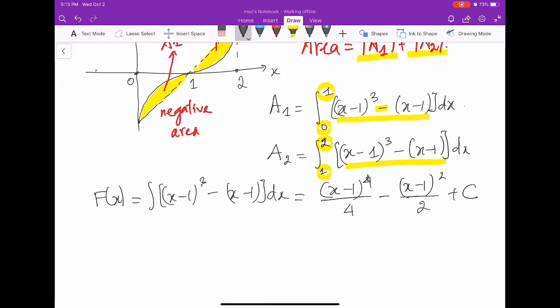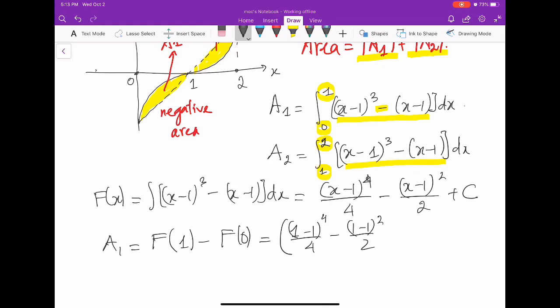So what is A1, right? I have A1 equal to F of 1 minus F of 0. I just plug 1 and 0 into this function. I have (1 minus 1) to the 4th over 4 minus (1 minus 1) squared over 2, minus [(0 minus 1) to the 4th over 4 minus (0 minus 1) squared over 2].